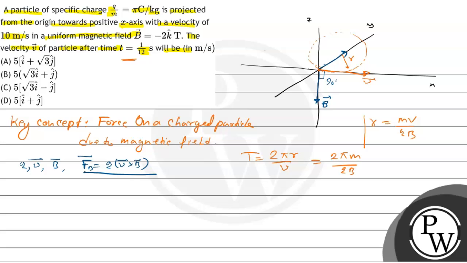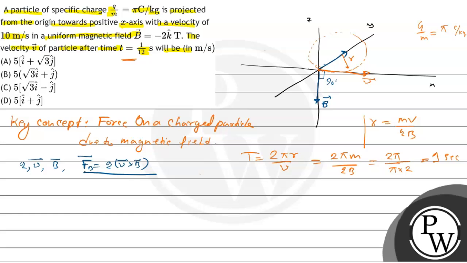Now, in the question it is given that q by m equals to pi coulomb per kg, right? So m by q equals to 1 by pi. So 2 pi by pi into B, that is minus 2. So we will take the magnitude here. So this is 2. So from here you can get the time period is 1 second. Means in 1 second the particle will do a circular motion.